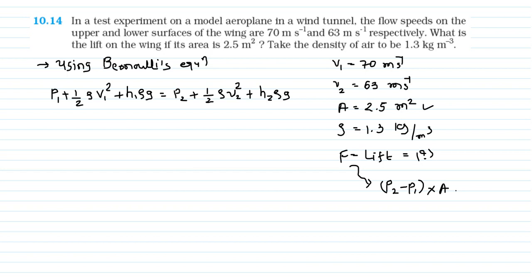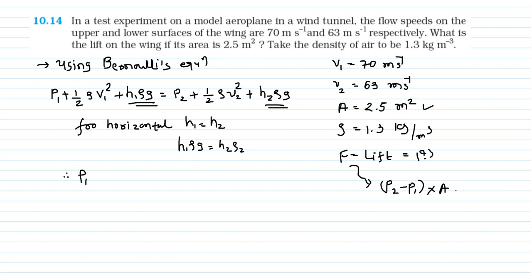Okay, so in a wind tunnel, that means here you can say for horizontal flow, H1 is equal to H2. That is, H1 rho g and H2 rho g, मतलब ये जो दो टर्म है वो कैंसिल हो जाएंगे, राइट.